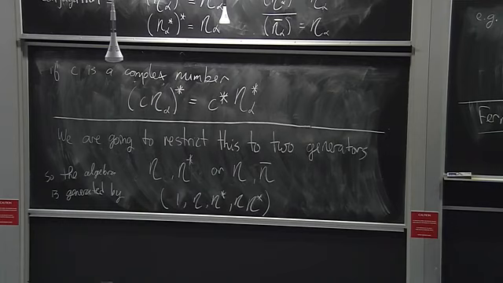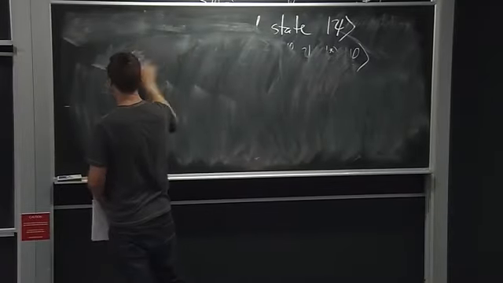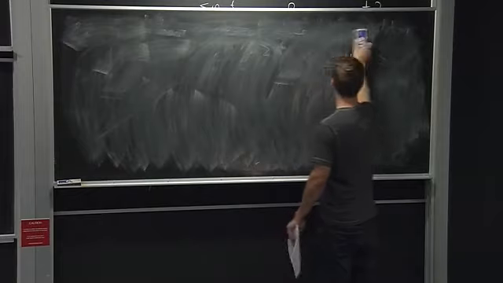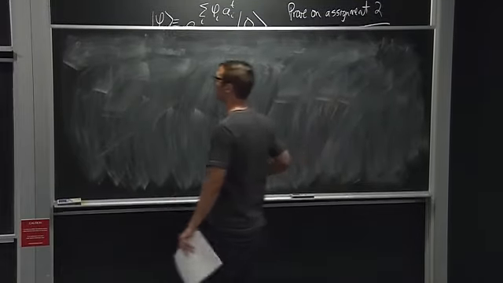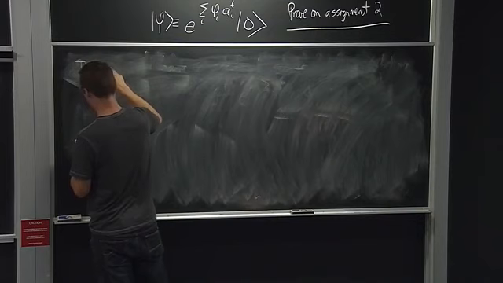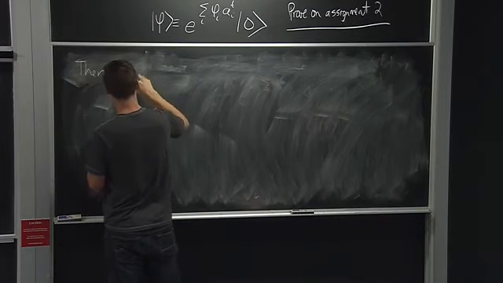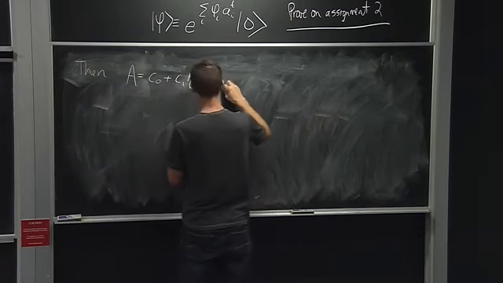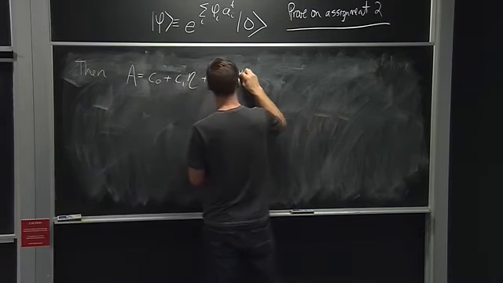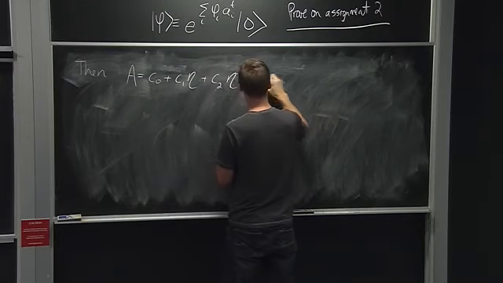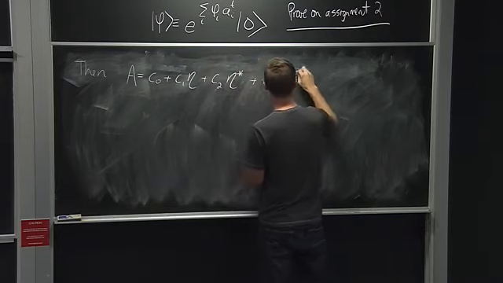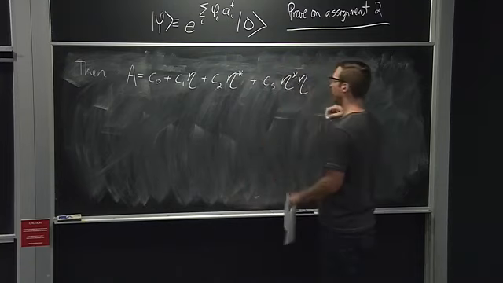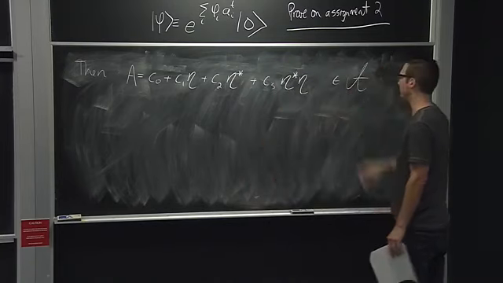And then the Grassmann number is just any linear combination of these with complex numbers. Then some number, I don't know, A. So that's a number that's an element of the algebra.